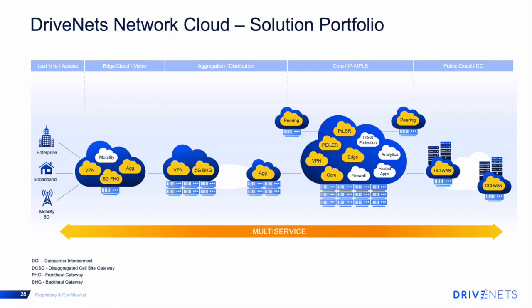Typically what happens is that there is one use case which meets the timeline of its refresh cycle. Let's say this is a core, okay? Or let's say this is the aggregation network that needs a refresh. So you start out your network cloud from that location. From this foundation of network cloud, you can then grow the infrastructure.